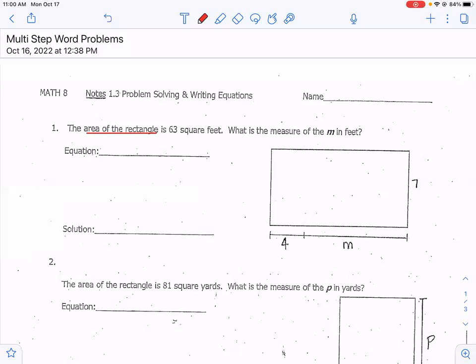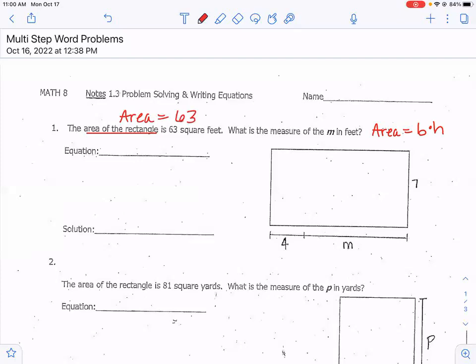Jada? Okay. So we can either say base times height or length times width. So the area equals base times height. And we're saying right now that the area is 63.